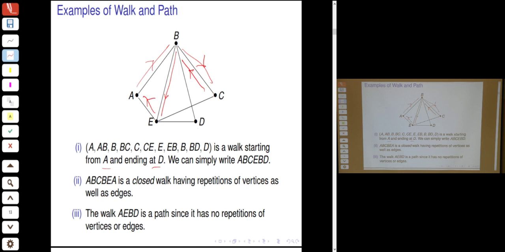So this is a closed walk, right? Because it starts and ends at A. But this is not a path because the edge BC is traversed twice. Okay.